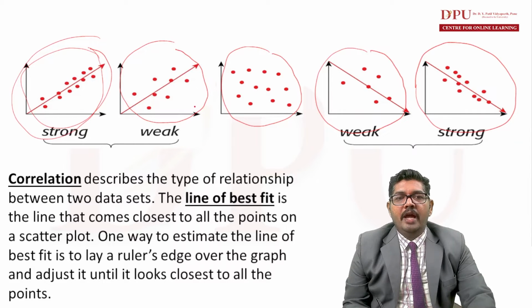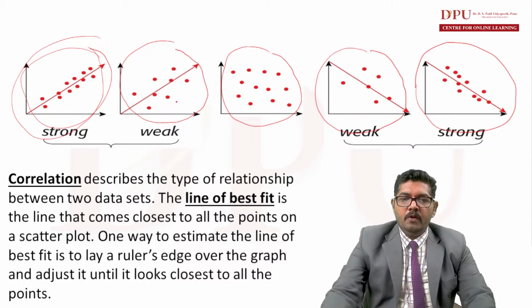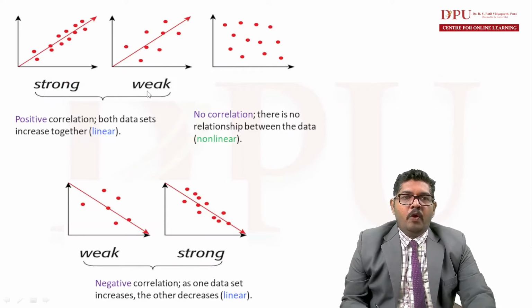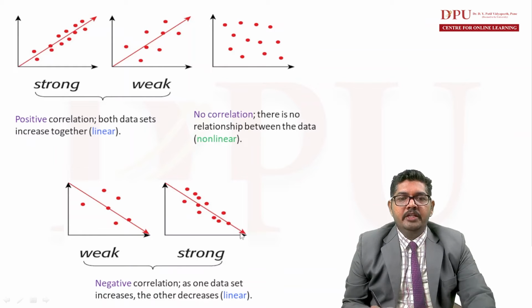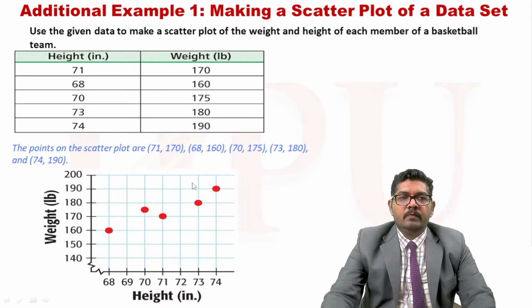When we draw it, we know whether the variables under study are positively or negatively correlated, and from the scatter of the points, we can judge whether the correlation is strong or weak. So again, this is a strong positive, this is weak positive, there is no correlation here. Here we have weak negative and finally strong negative correlation.